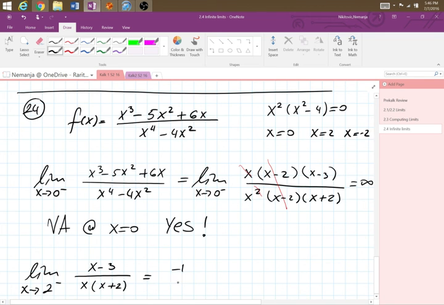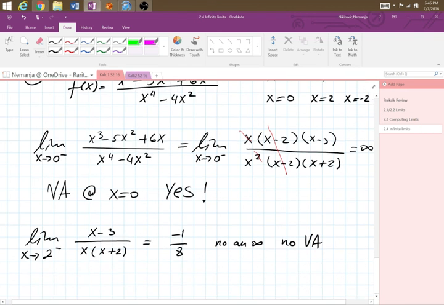So -1 over 8, not an infinity, which means no VA. We have a hole at 2, -1 over 8. So no vertical asymptote at x equals 2.